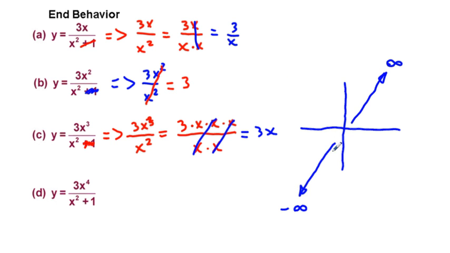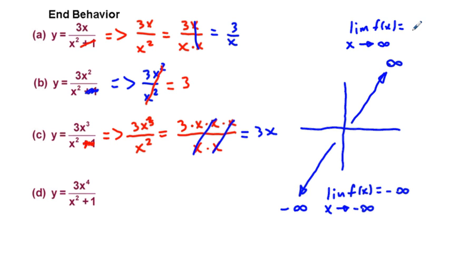We'll say the limit as x approaches negative infinity of f of x is equal to negative infinity. And up here at the right, we'll say the limit as x approaches infinity of f of x equals infinity.